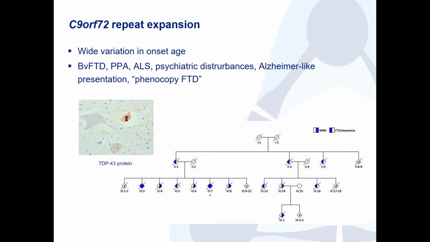Persons who have such a repeat expansion can either develop FTD or ALS or a combination of both. In this pedigree, you can see one family, all siblings, and for instance, this person has FTD, this person has ALS, and this person has both FTD and ALS. So there's a very large variation in clinical presentation.